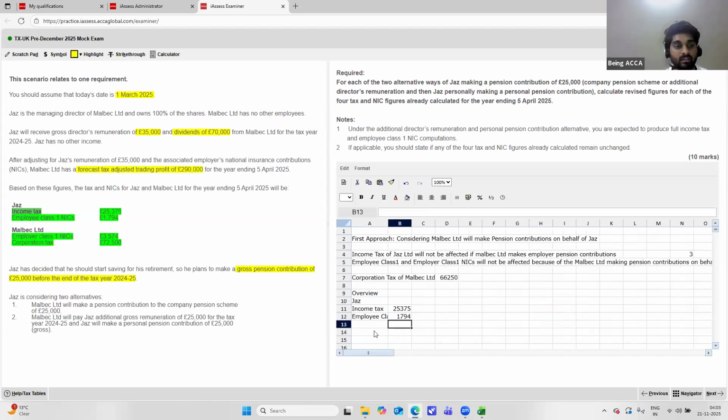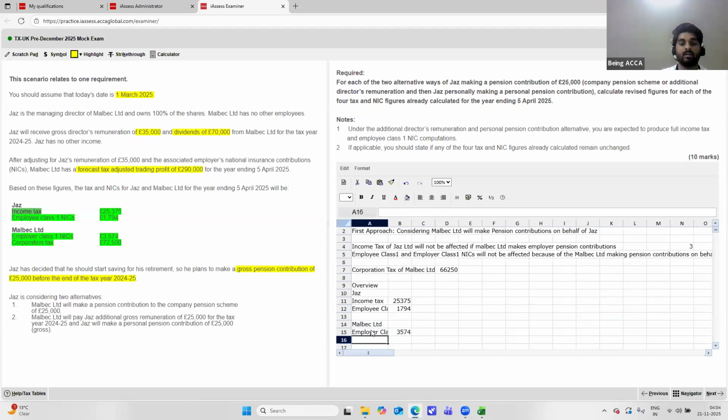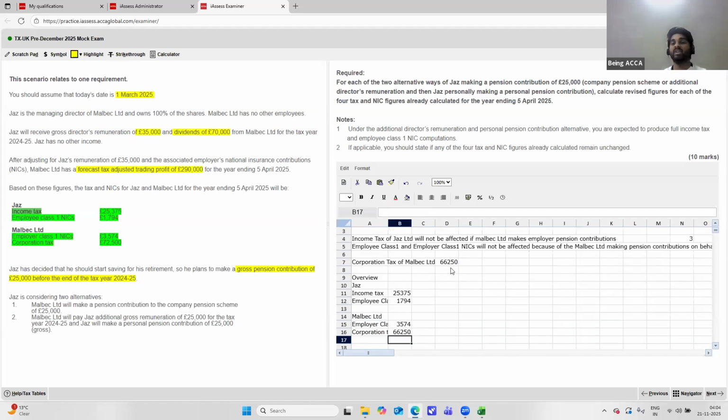So these both will not change. Now coming to Malbec Limited, employer class 1 NICs would also remain unchanged at 3574, but corporation tax would now be reduced from 72,500 to 66,250, and that is how you will be getting your total 4 marks.